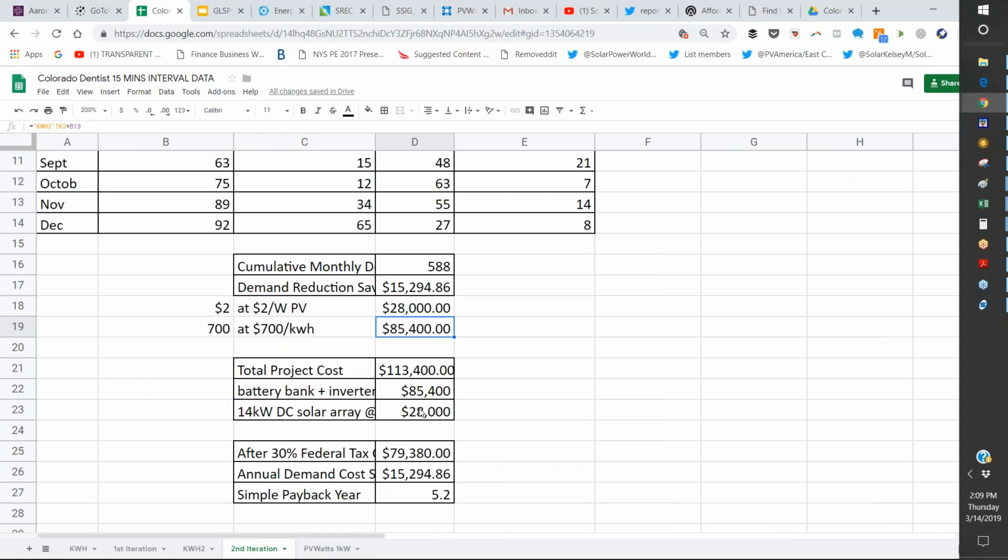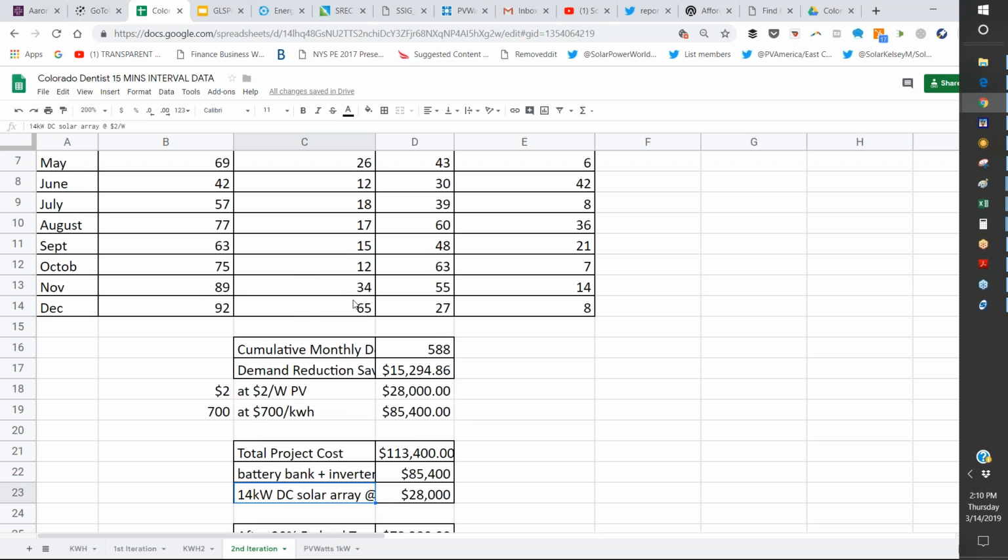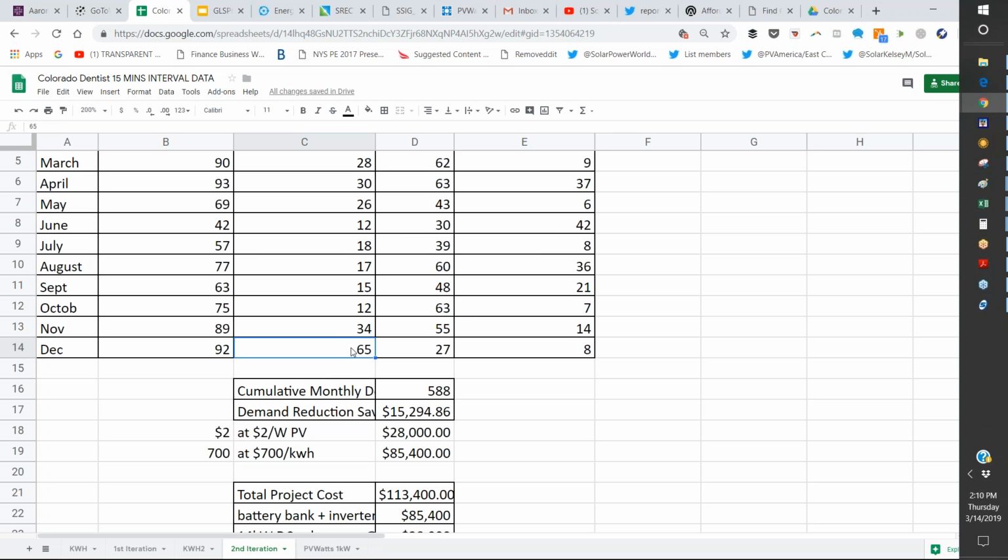And so, through an iterative process, examining the demand charges for every single month, examining the solar array production for every single day, associating that with an installed cost of the battery bank and the solar array, I can hone in through modeling on the most cost-effective design, which is what led me to a 122 kilowatt-hour battery bank with a 14 kilowatt solar array, and saying, you know what, I'm not going to try and demand load level any further in December, because to do that, I'd have to increase my battery bank size even further.